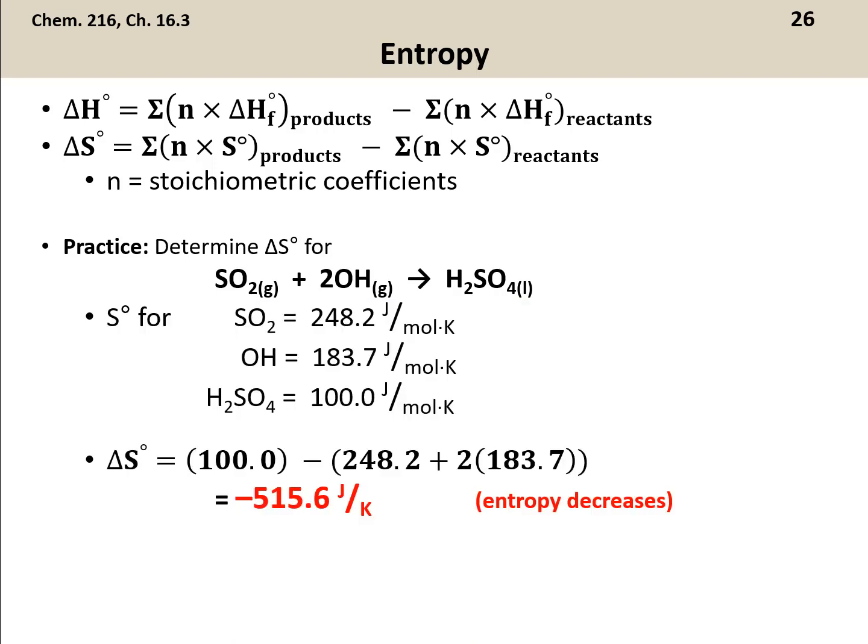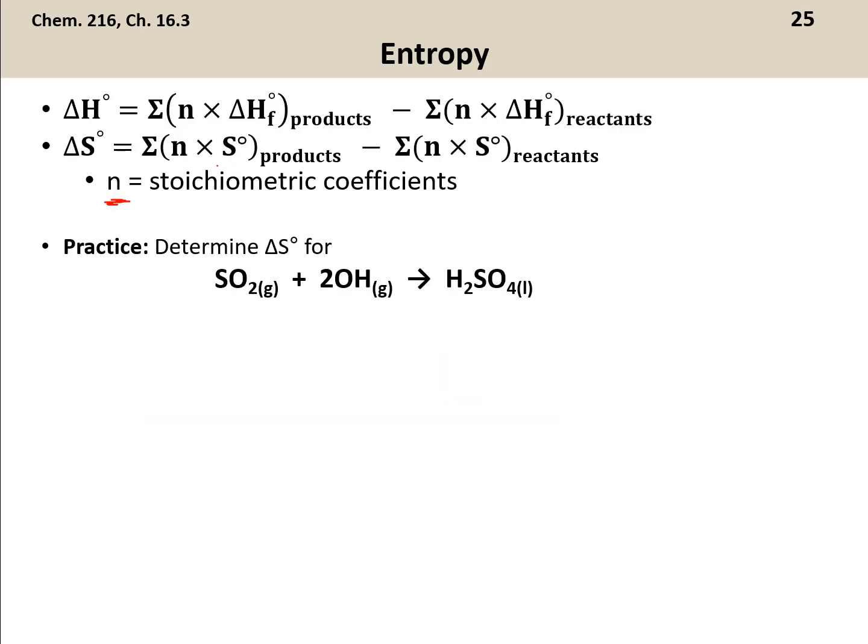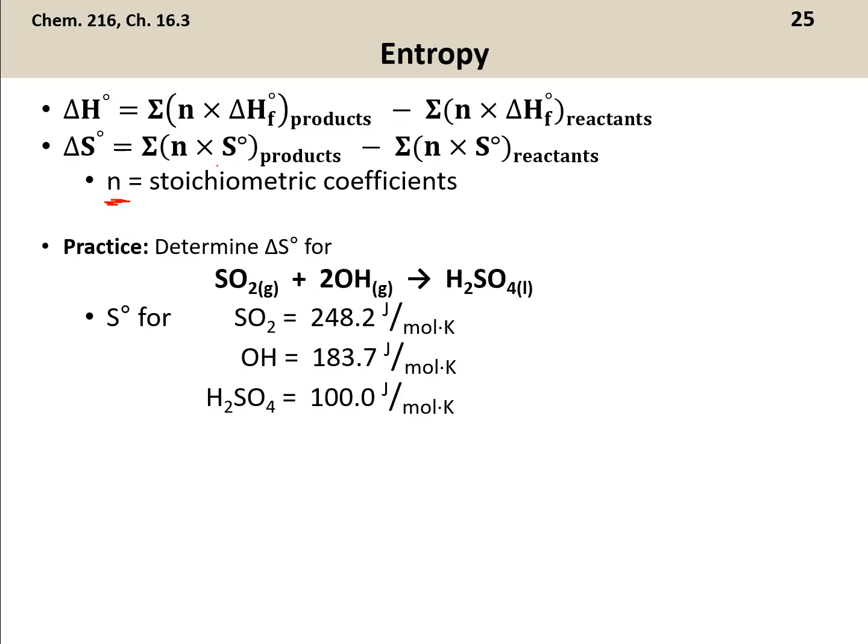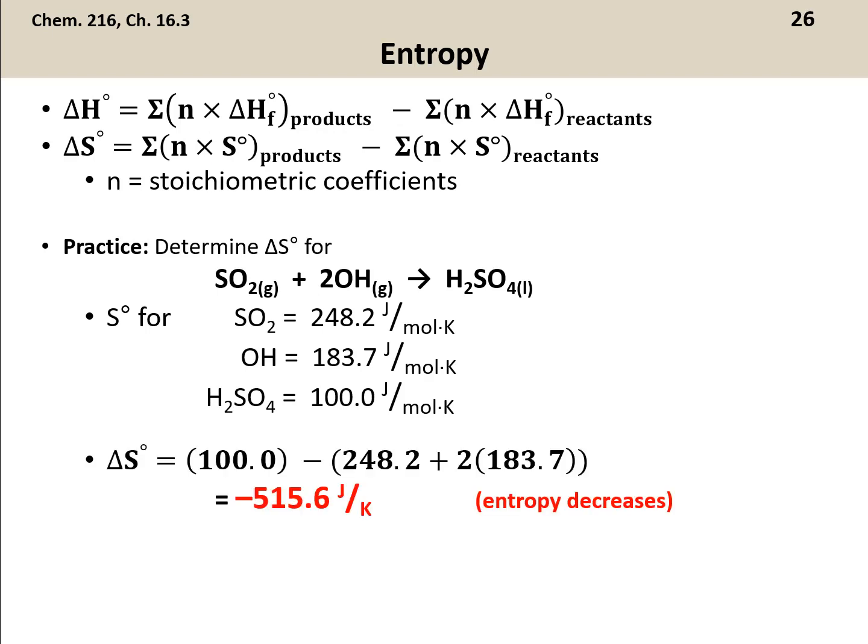Let's go over this one more time on the screen. So we start off by finding our standard entropies from the back of the book. Then we plug them into our equation up here, and we get our answer. And our answer agrees with what we thought it would be at the very beginning.